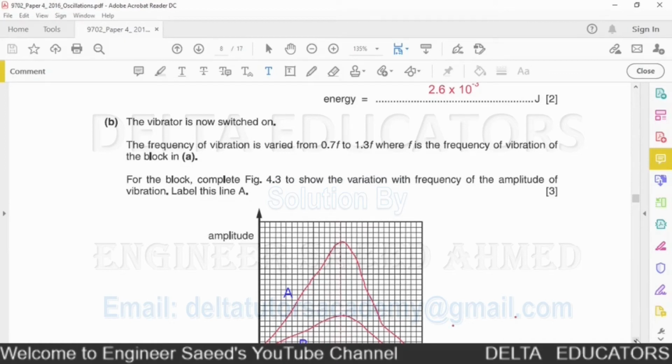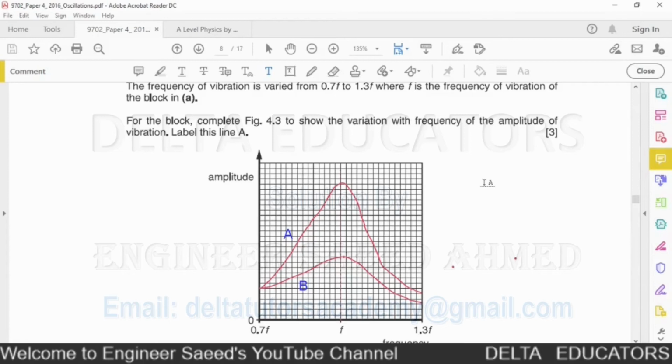Part B. The vibrator is now switched on. The frequency of vibration is varied from 0.7 F to 1.3 F, where F is the frequency of vibration of the block in A. For the block, complete figure 4.3 to show the variation with frequency of the amplitude of the vibration. This topic we have studied in resonance.